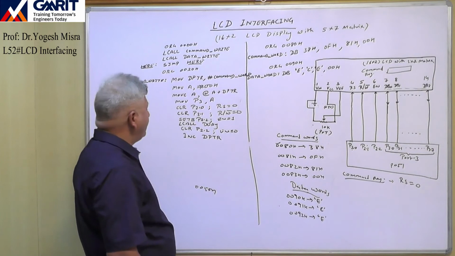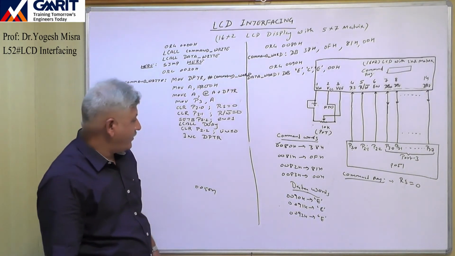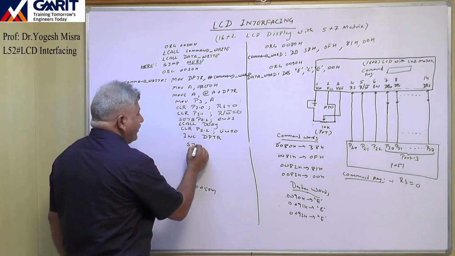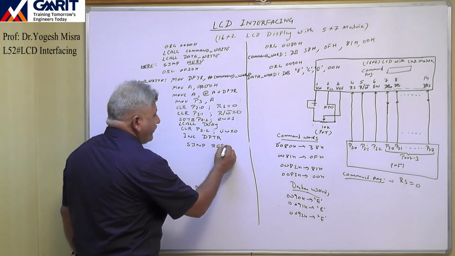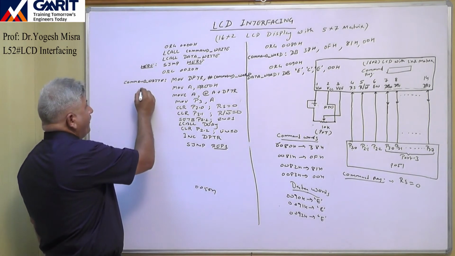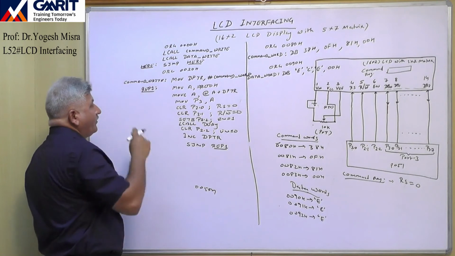We will increase the value of DPTR by 1. And then JMP, repeat 1. Repeat 1 is this label.